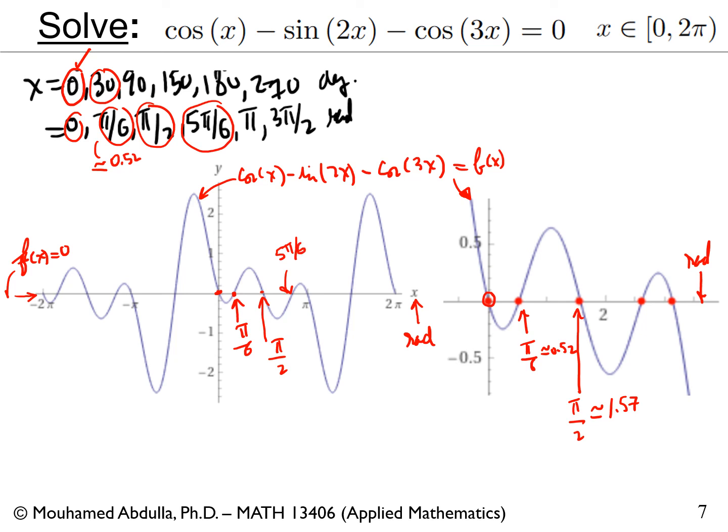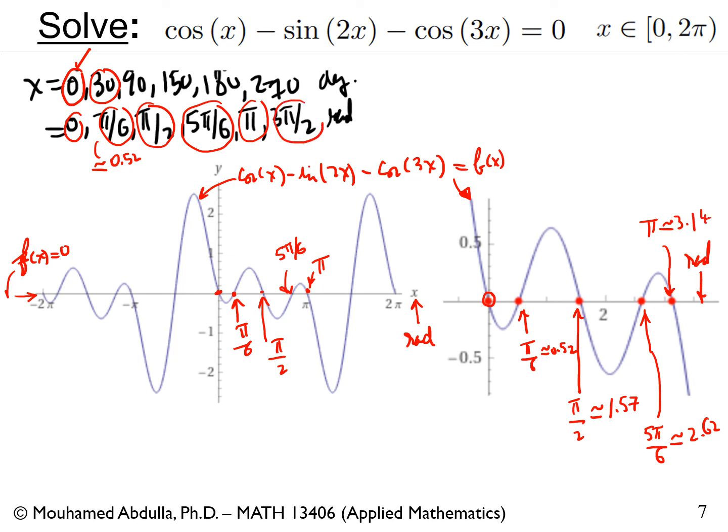And 5 pi over 6 would also be here, which is approximately 2.62. This is 2.5, this is a bit more, 2.62. We have another point at pi, so this is the point at pi here. This is also the point at pi here, which is roughly 3.14.